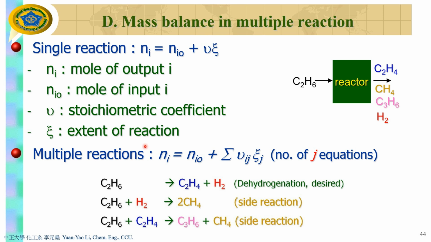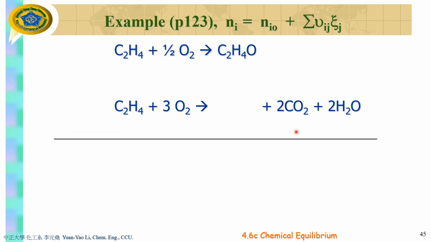Because you have, for example, 3 chemical reactions, so you have 3 nu times Xe. So you just do the summation of nu times Xe. Okay, for one chemical reaction, this is only nu times Xe. But if you have 3 chemical reactions, you have 3 nu times Xe. You do the summation.